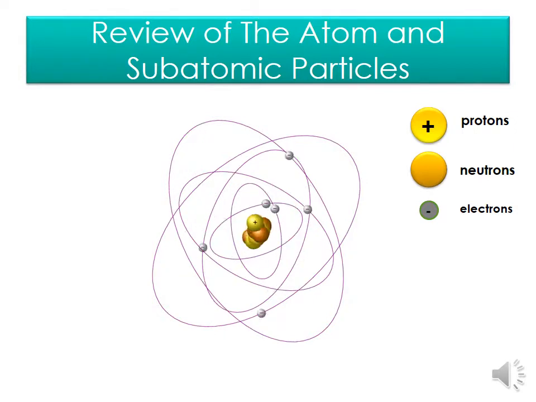Now, in a stable, happy atom, there is the same amount of positive charges in the nucleus of the atom as there are negative charges surrounding it. So assuming it has the same amount of protons with a positive charge as it does electrons with a negative charge, this atom overall has a zero charge.